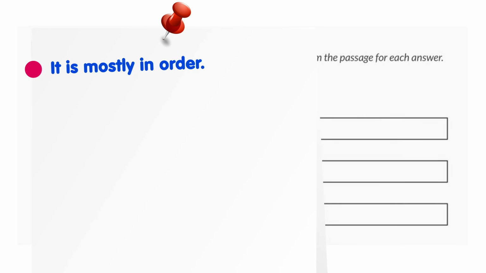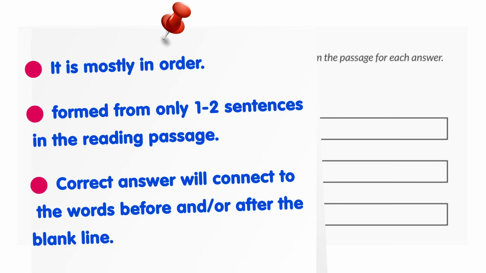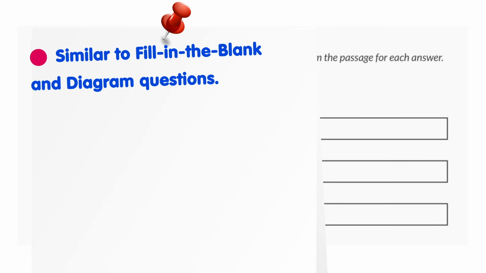And this question is formed from only 1 to 2 sentences in the reading passage. The correct answer will connect to the words before or after the blank line, all right? It is similar to fill in the blank and diagram questions, which we worked on before in our previous videos on reading question types.